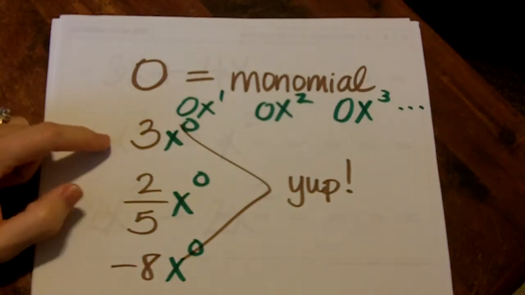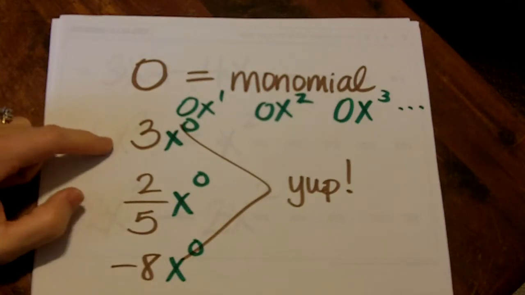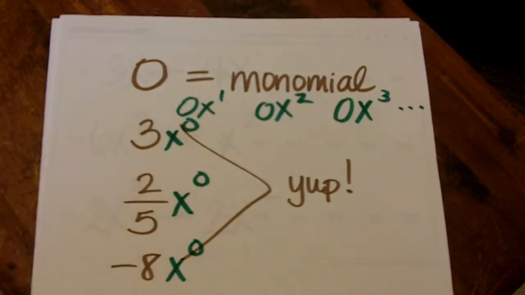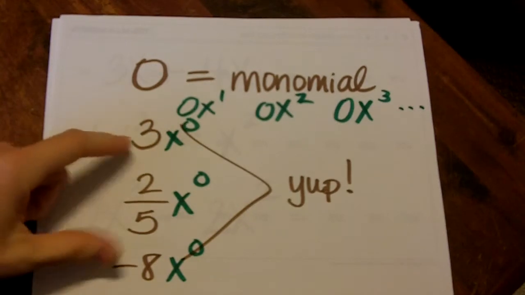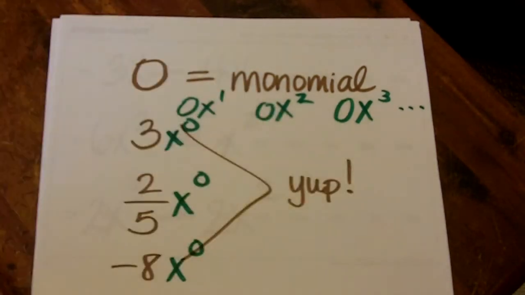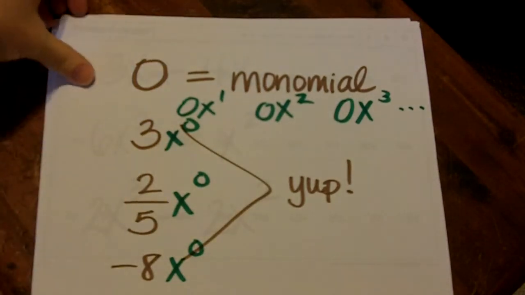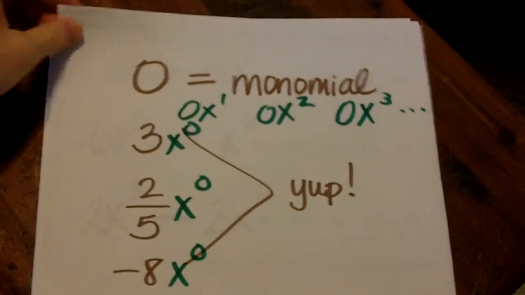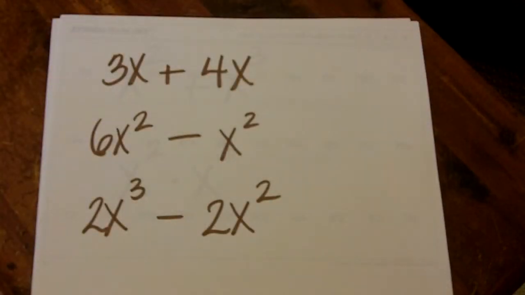We learned that in last chapter. So because of that, we consider 3 and 2/5 and -8 and any constants or numbers that stand alone as monomials. And the degree of these monomials is 0. The degree of a 0 is not defined because it could be anything. But for any other number, the degree of it would be considered 0.